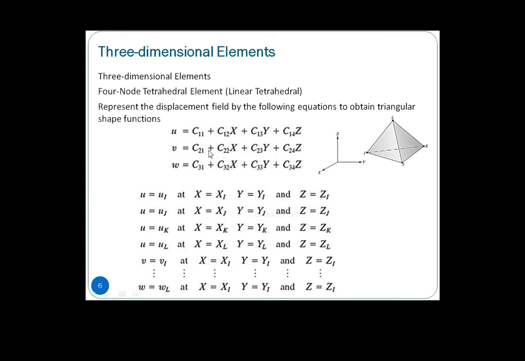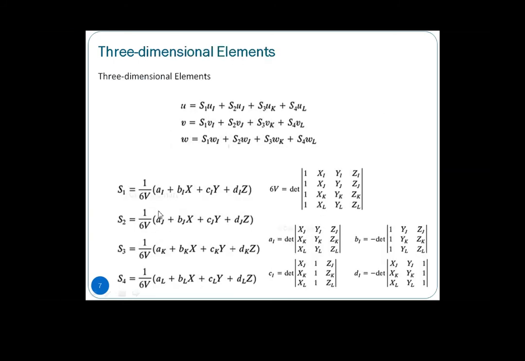Similarly with C21, C22, C23, C24, and C31, C32, C33, and C34. All right, if we can satisfy the conditions, then we have our displacement field in terms of its shape functions: U equals S1 UI plus S2 UJ plus S3 UK plus S4 UL. 4 nodes, 4 shape functions.